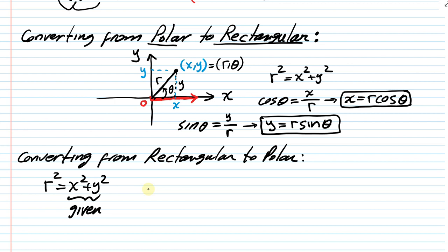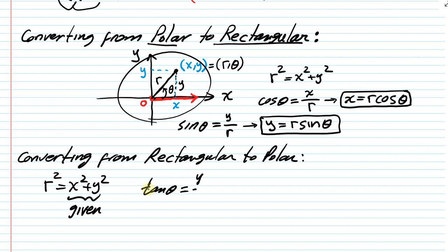So those are given, therefore we can find r this way. We take the square root of r squared, of course, and the positive root is going to be r. How do we find the measure of the angle? Well, again, in this triangle, if I look at tangent of theta, that's very common to use tangent. You could use cotangent, but usually we use tangent.